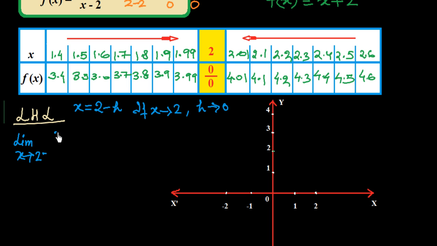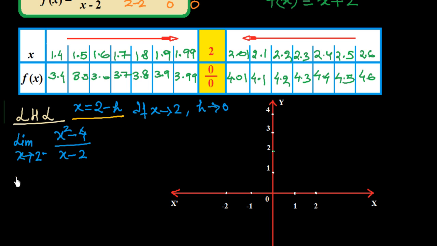So we have the function x square minus 4 over x minus 2. Now we see how it happens. Instead of x, we have to put here 2 minus h.